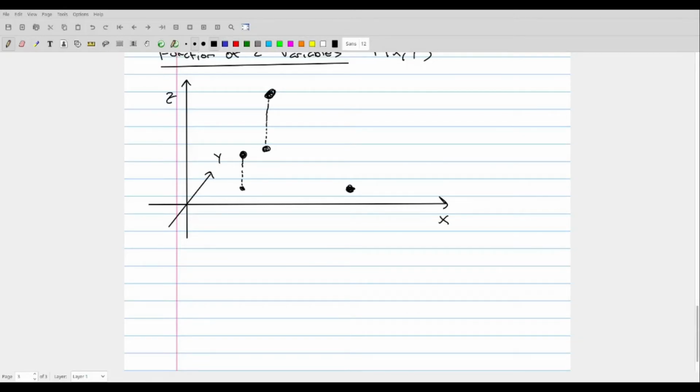This point here, say the value of the function is this, and then at this point here, the value of the function is right here. Let's say it kind of looks maybe like a sine on the surface.